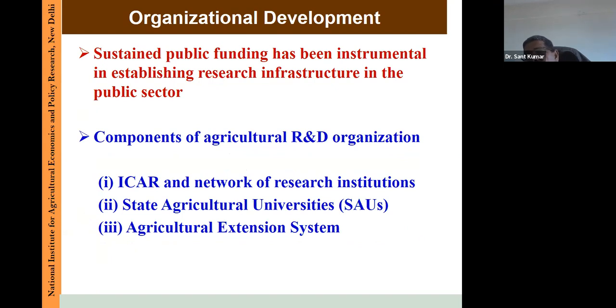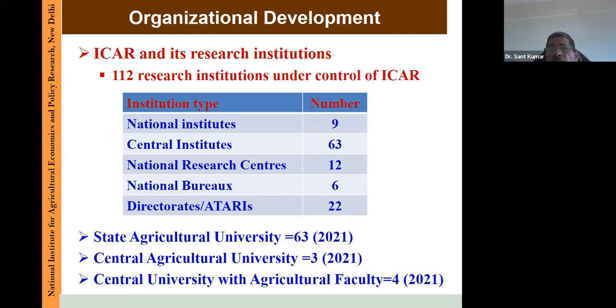If we talk about the agriculture R&D organizations, we categorize our R&D system mainly into three categories: ICAR and its network institutions, research institutions, state agricultural universities, and the agriculture extension system. If we talk about the ICAR research institutions, we have 112 research institutions of different types in the country.